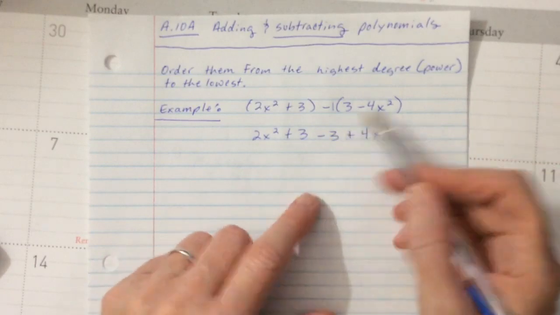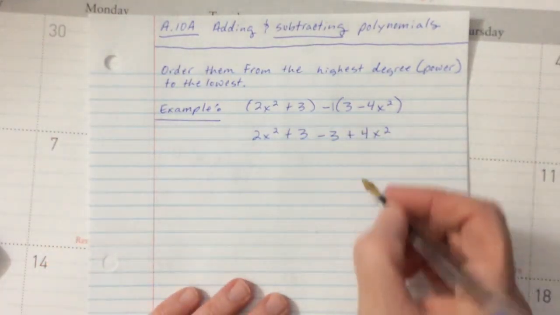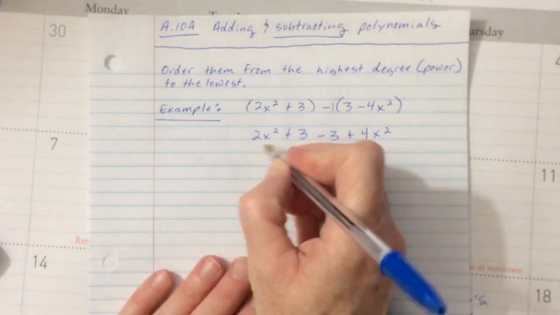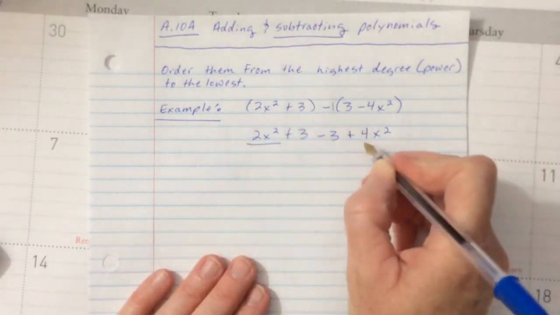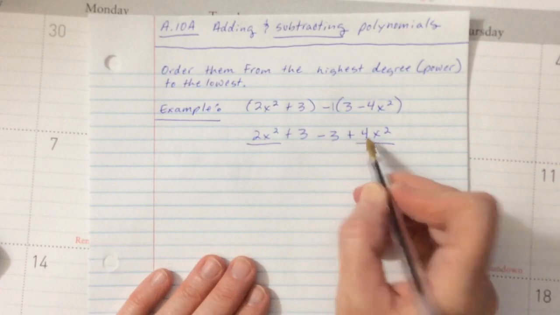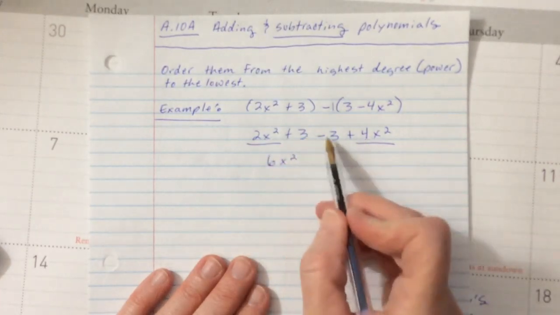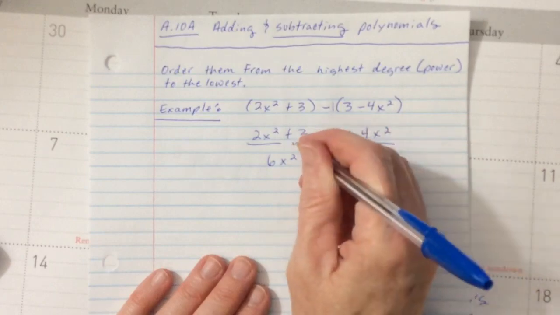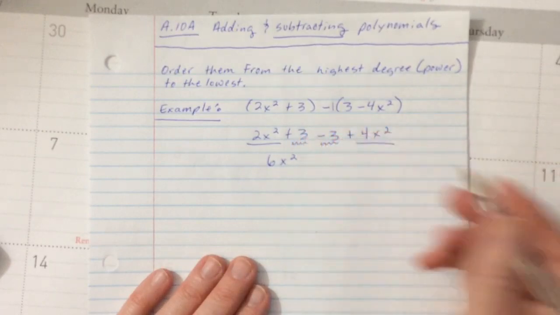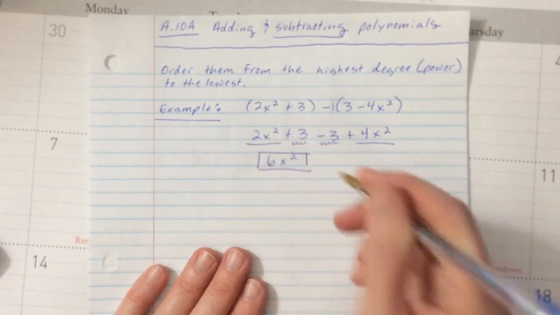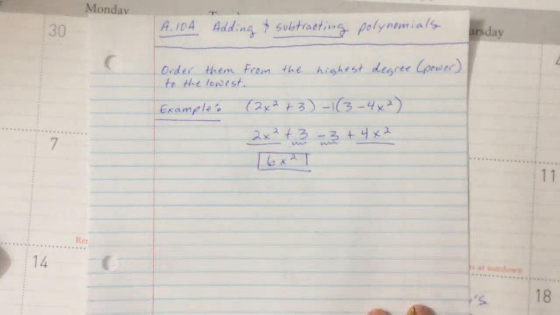So we just flip the sign on everything. Now you combine like terms, and we know we have an x squared. 2 plus 4 is 6x squared. And then we have 3 minus 3, and that equals 0. So your answer is 6x squared.